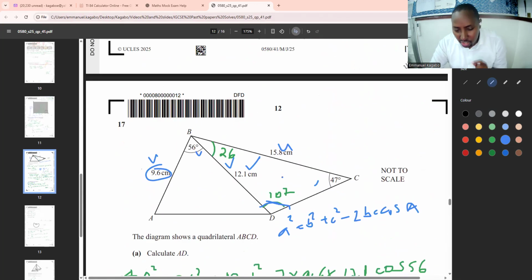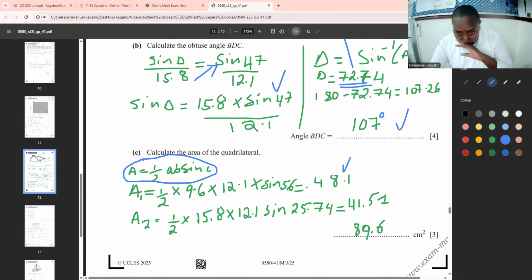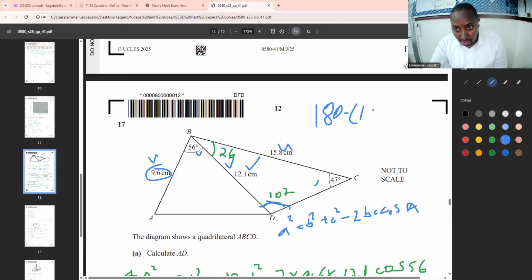Now, when you come to this triangle, I have this side, I have this side, I can't use this angle. So I have to remember angles in a triangle add up to 180. So it's going to be 180 minus 107 plus 47. Oh, yes, I had it here.